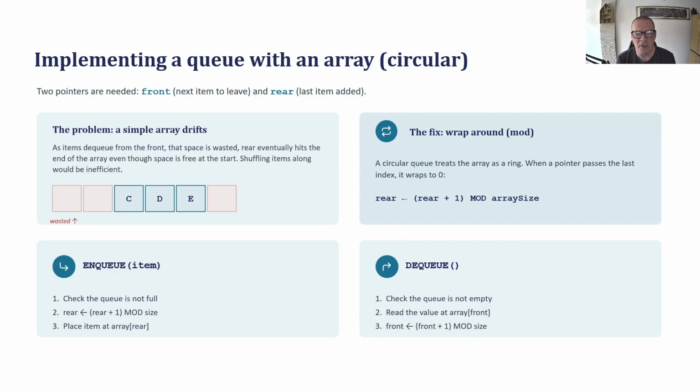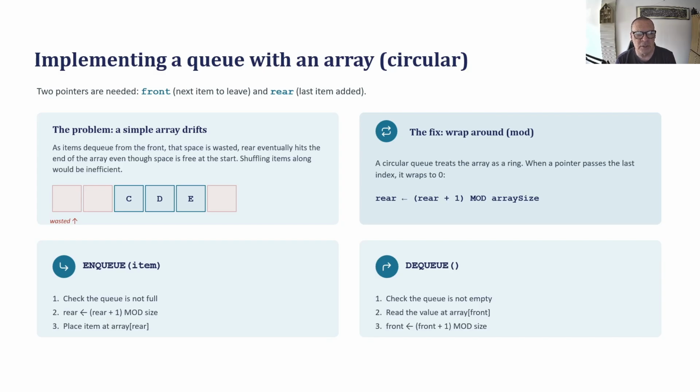Now 7's not okay. It's not a valid index value. We want it to go back to 1. So we say 6 plus 1, which is 7, and then 7 mod array size, which is 6 in this case, and 7 mod 6 equals 1. So then we come back to the first position in the array, which is index value 1 in this example.